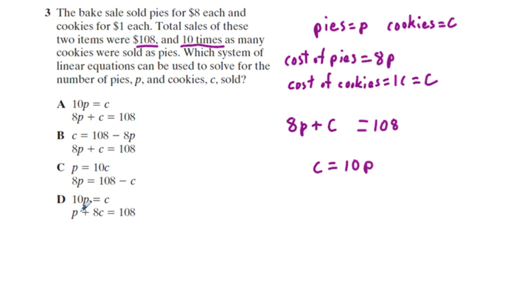Okay, with 8p, it could be this one, could be this one, could be this one, not going to be this one. And we're going to need 10p equals c, that's possible there. And this is 10c equals p. So we're definitely talking about answer A here. So you just have to look around carefully and put these equations together.